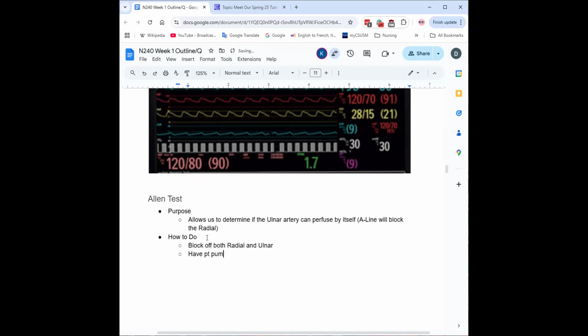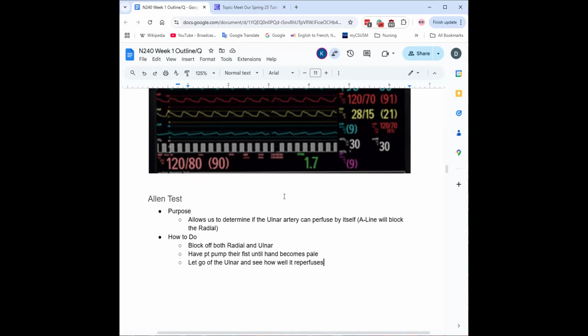Have the patient pump their fist until the hand becomes pale, and then let go of the ulnar and see how well it reperfuses. That way you're continuously blocking the radial and you get to see the return of color.